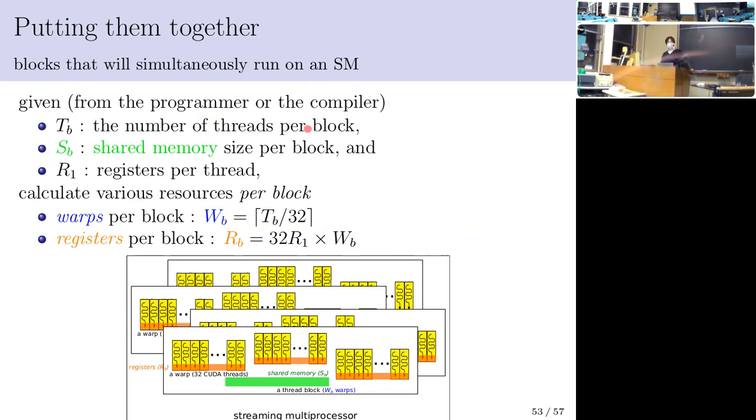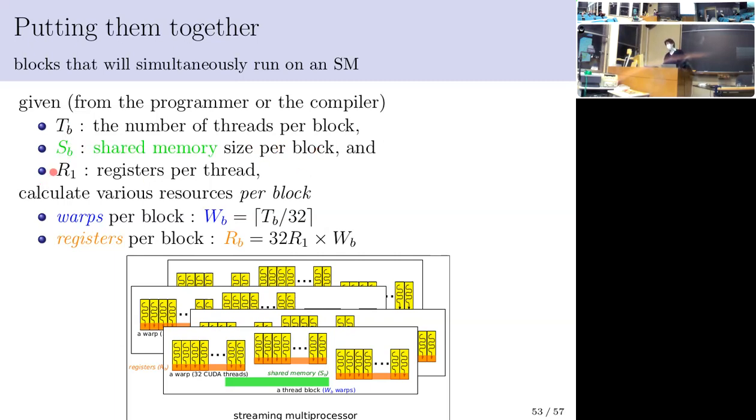This is something the programmer specifies when you run the kernel, right? Let's call it TB, the threads per block. You also specify the amount of shared memory per block. All quantities per block are subscripted with B. So SB is the amount of shared memory per block.